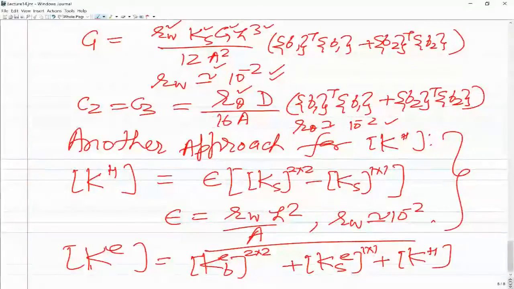So this KH is given by this. That's what I have written here. And in the earlier case, the KH matrix was defined with KB also evaluated using one point integration. So that was reduced integration. This is selective integration.